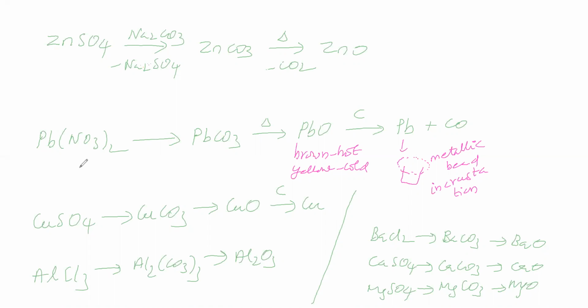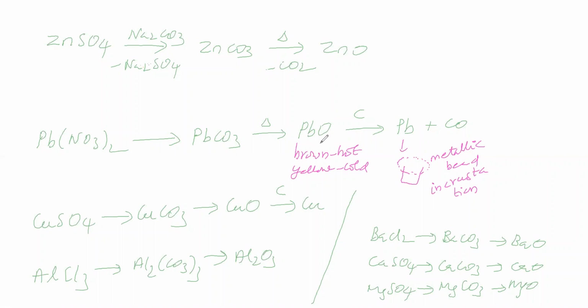So lead nitrate salt becomes lead carbonate, which on decomposition gives plumbous oxide. Plumbous oxide is brown in color in hot and yellow in cold. It undergoes reduction with the reducing flame carbon and becomes lead. Both appear in the cavity.